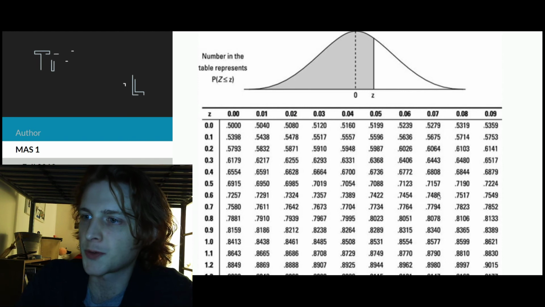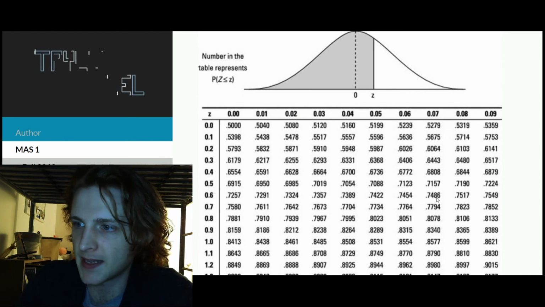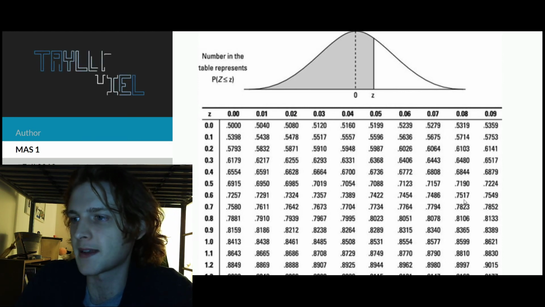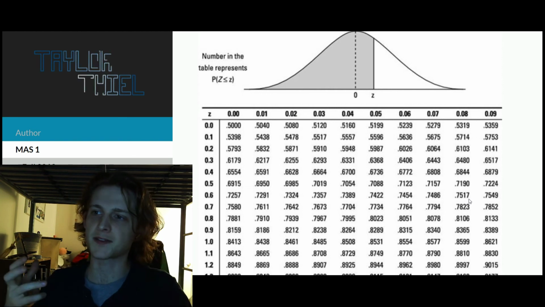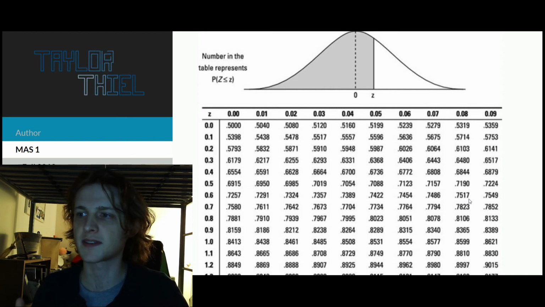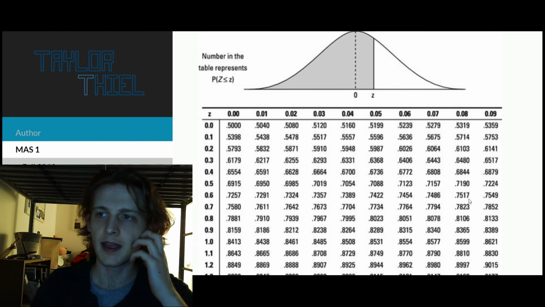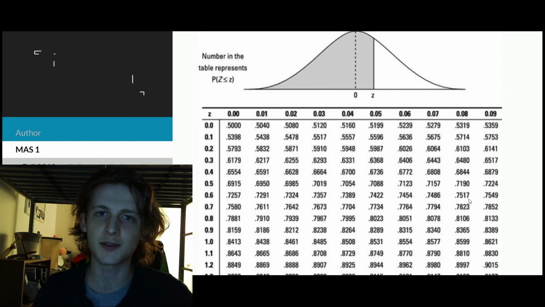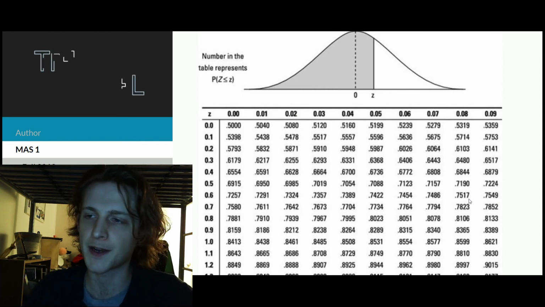So we know the actual true value is going to be in between this and this 0.7517. So the actual answer is somewhere between 0.74 and 0.75-ish. And no matter what it is in that range, it falls in the range of C for the final answer.